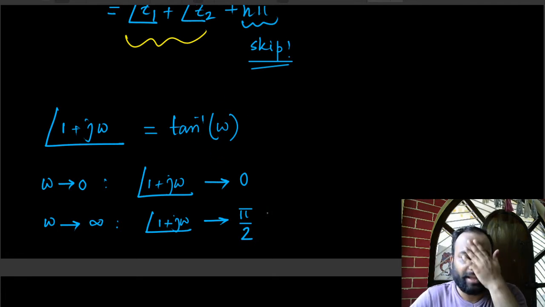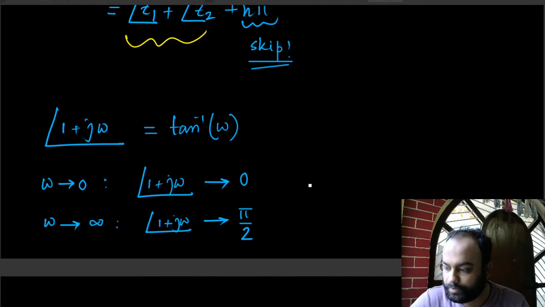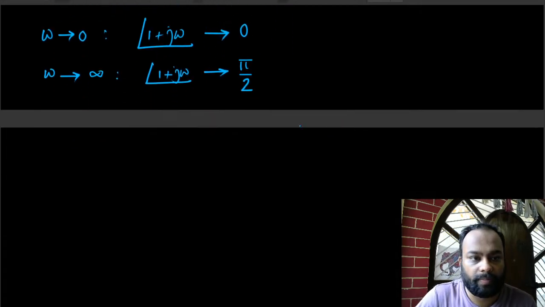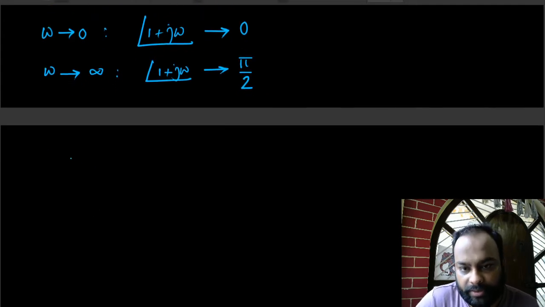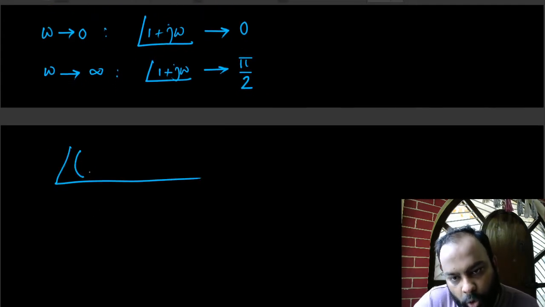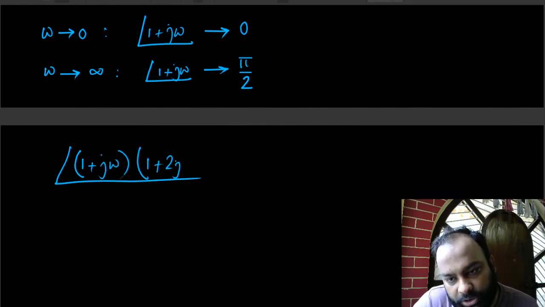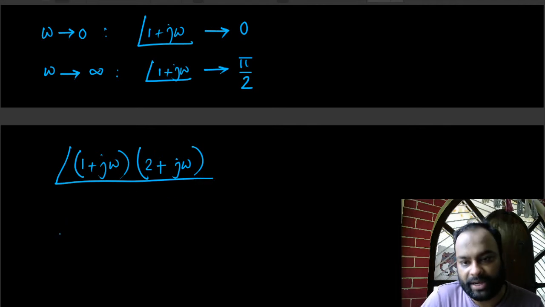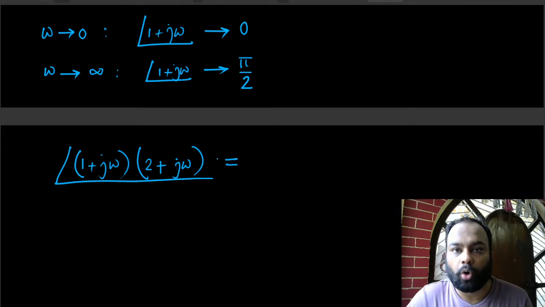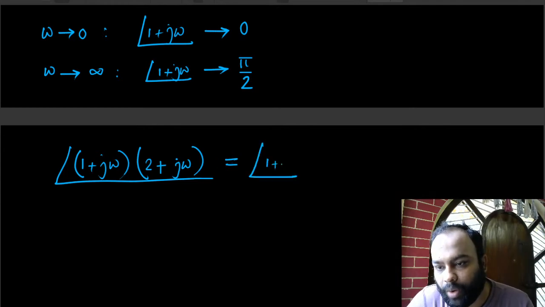Now, with that said, if I now ask you this: I have two complex numbers multiplied, 1 plus j omega and, say for example, 2 plus j omega. Then of course you know that I have to do something like this, 1 plus j omega, and 2 plus j omega, in order to calculate the total phase angle.